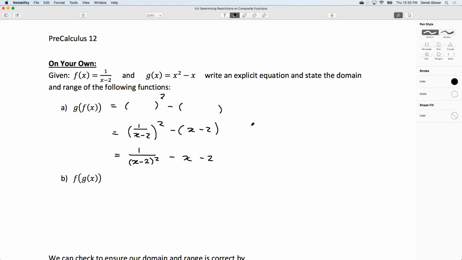All right, and now technically we can expand these brackets out further. However, as soon as we do that, it's going to turn into a quadratic, and we're not going to be able to quickly tell what our domain is. If we instead leave it in this form, the domain and range are a little bit less painful to do. Our restrictions are coming from fractions. So we look at our denominator, the bottom of this fraction.